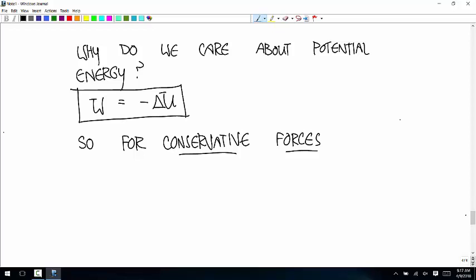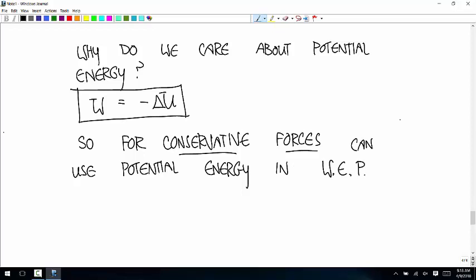Okay, so for conservative forces, otherwise there's no such thing as potential energy, you can use potential energy in the work energy principle.